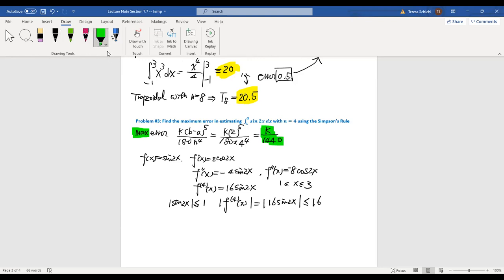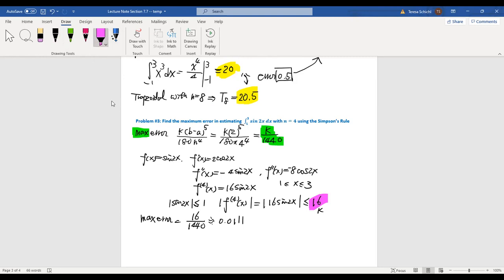This is my K value. Now I plug in to get the max error: 16 over 1440, which is very close to 0.0111. That is the max error.